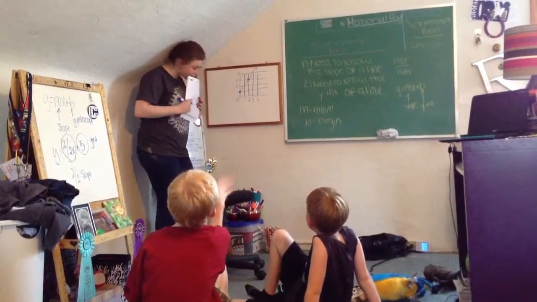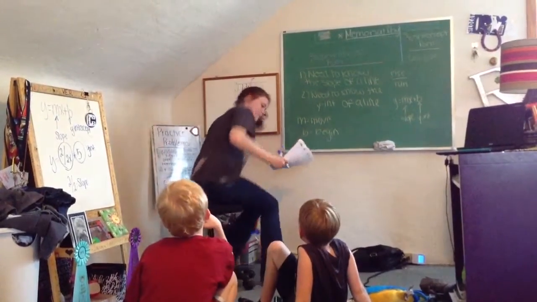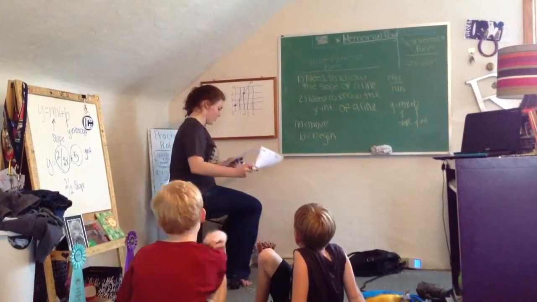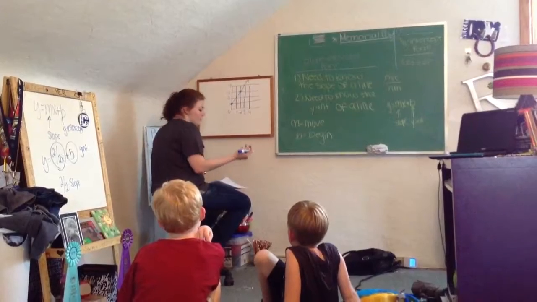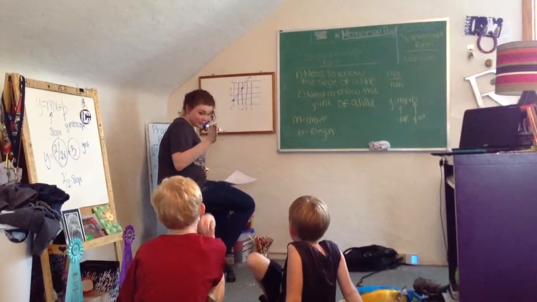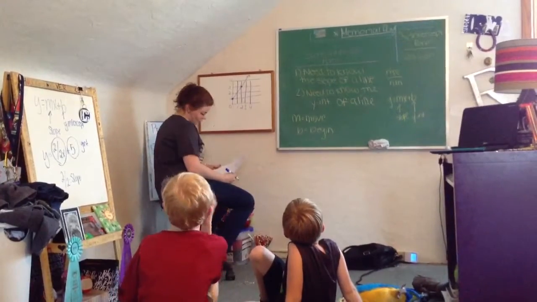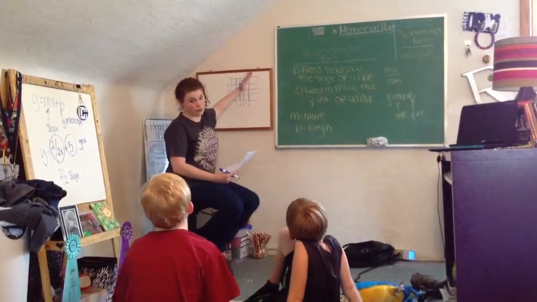Number 1 dot to number 3 dot. Now, the slope is rise over run. But you have to find the y-intercept first, and that's where the line goes through the y-axis.